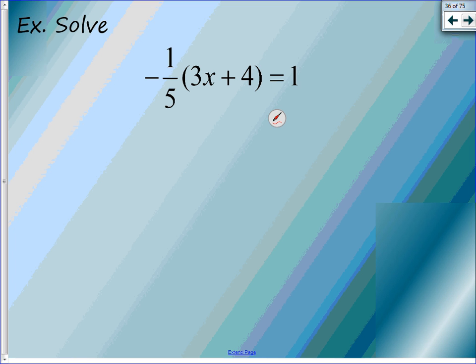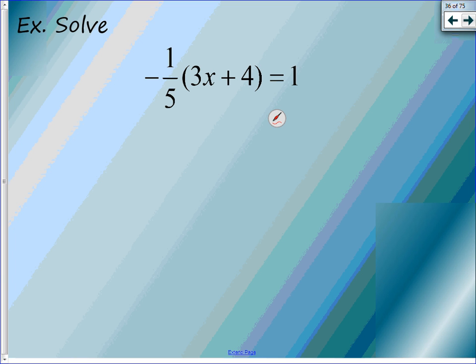All right, so you have a couple options here. Many Algebra 1, even Algebra 2 students would distribute because they've been programmed to distribute. But distributing makes more fractions. It makes it so that both of these become fractions, but really you only have one fraction right now. You only have the -1/5. So what you can do right away is get rid of the fraction.